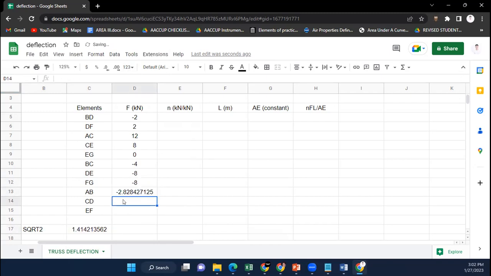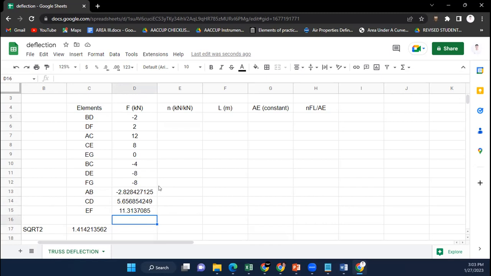Okay, so that is 2 square root of 2. So double check na sa calculator. CD, ating CD is 4 square root of 2. So 4 times square root of 2. Okay, EF, ng EF natin is 8 times square root of 2. Okay, so yan ating mga value.